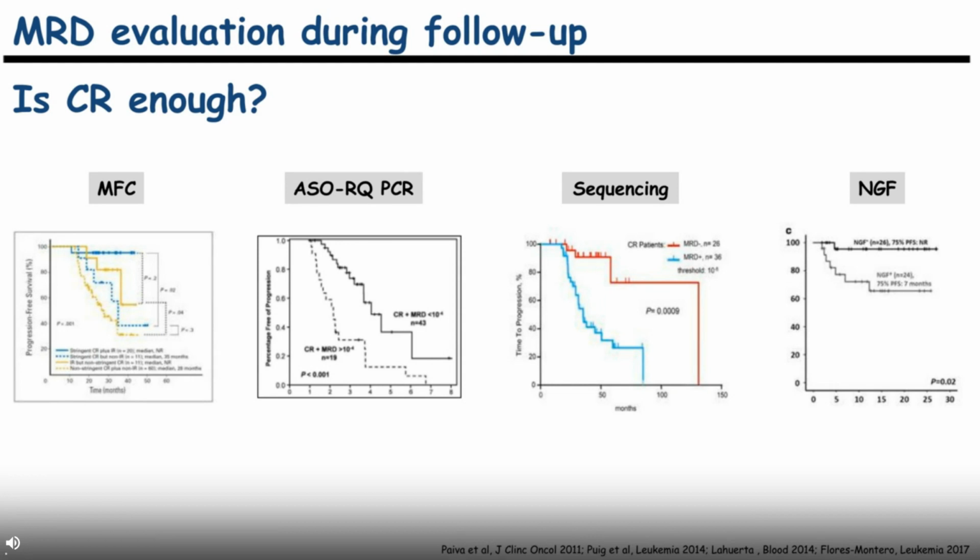But in any case, MRD studies have always shown that no matter what methodology is used, or even if we use different levels of sensitivity, the group of patients in CR can clearly be split in two groups with very distinct risk of relapse if we add MRD information on top of the classic criteria.